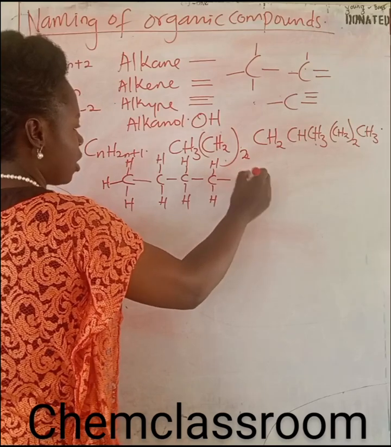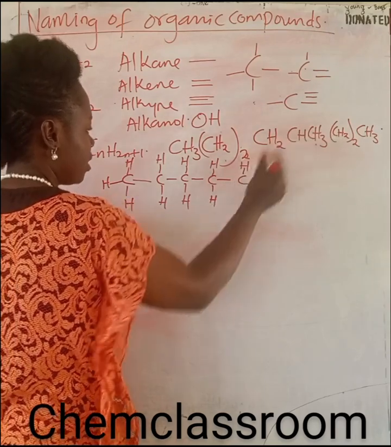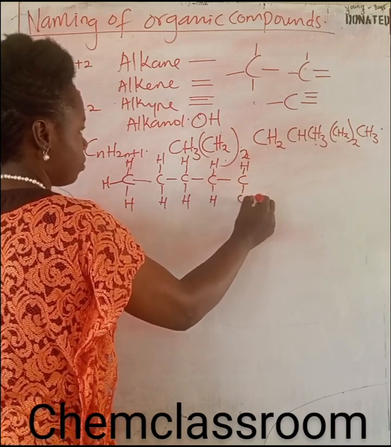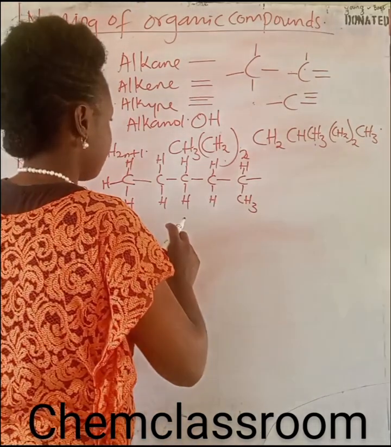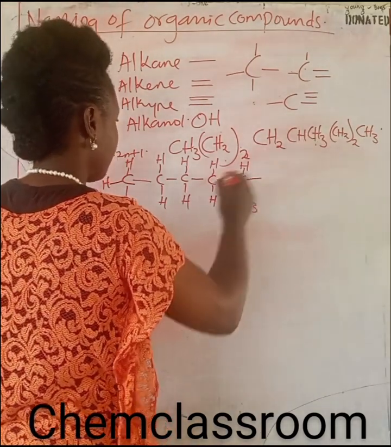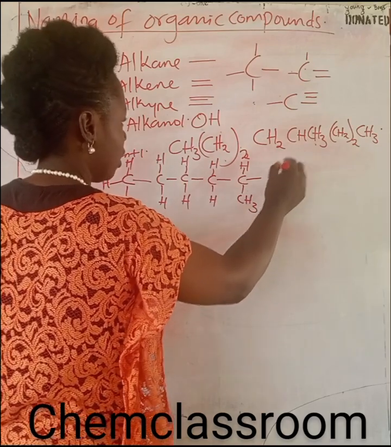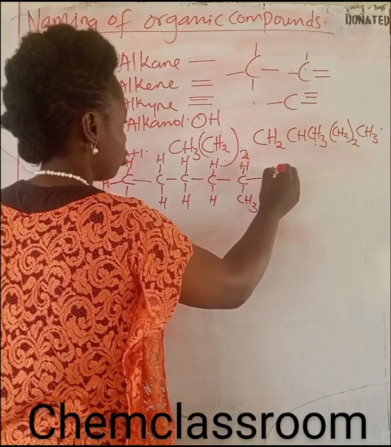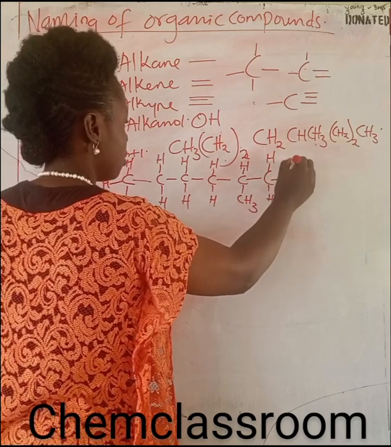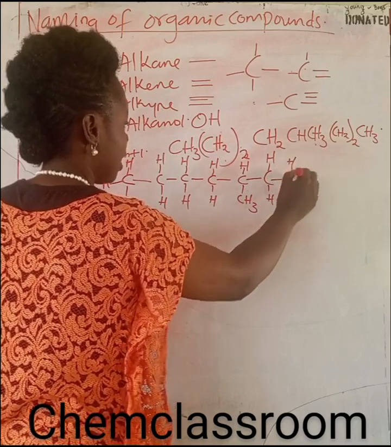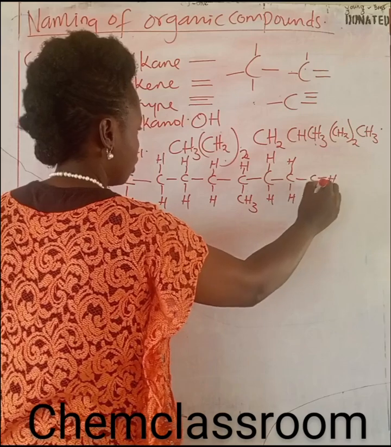Then I have CH, and with the CH, I have CH3. Okay, then I have another what again? I have CH2 2 times. Then I have another CH3 to close up the chain.